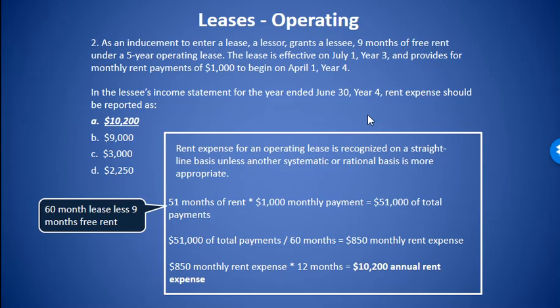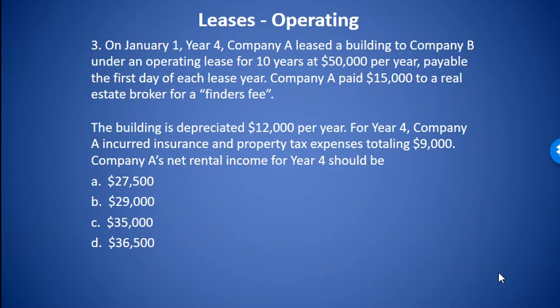question number 3. Okay, question number 3 is, on January the 1st of year 4, Company A leased a building to Company B under an operating lease for 10 years at $50,000 per year, payable the first day of each lease year. Company A paid $15,000 to a real estate broker for a finder's fee.